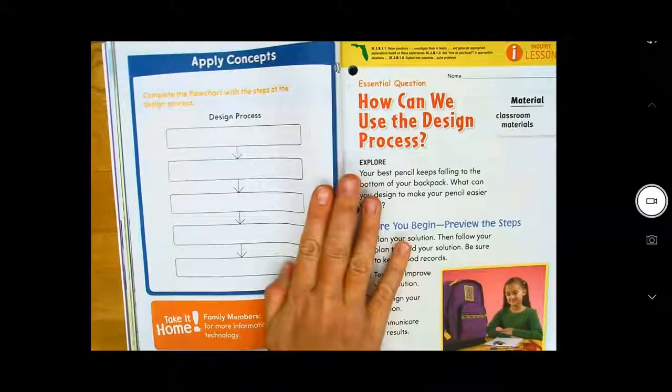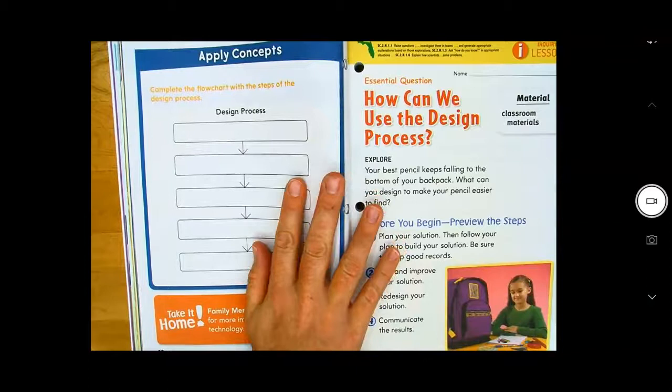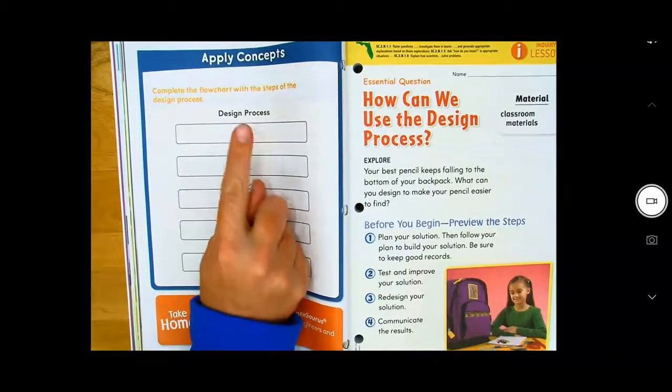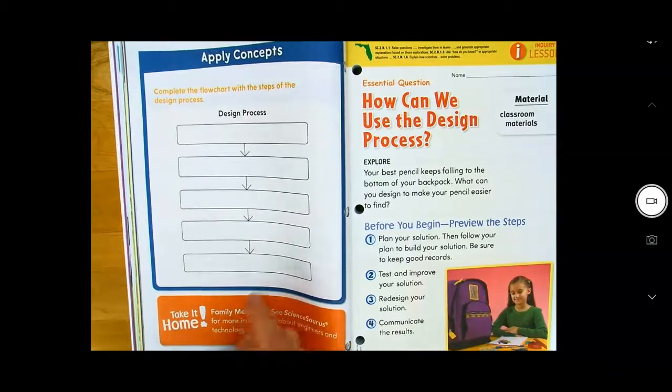On the back, complete the flowchart with the steps of the design process. The title is Design Process, and we have 5 steps.